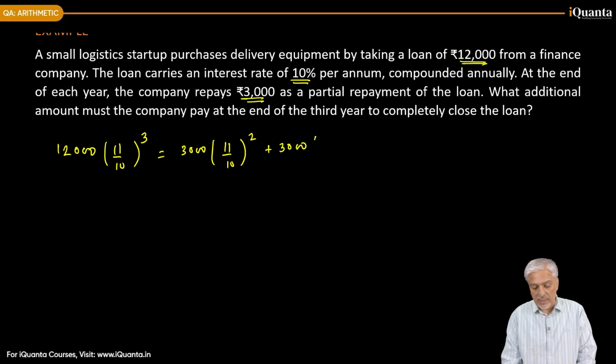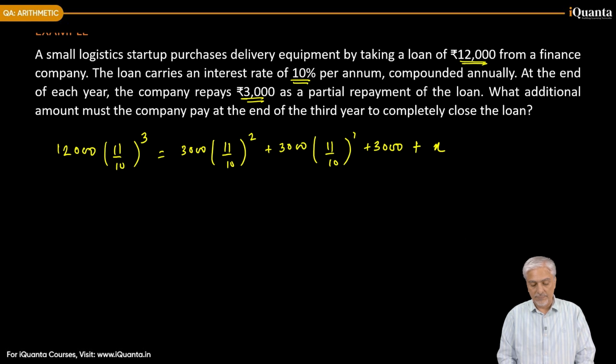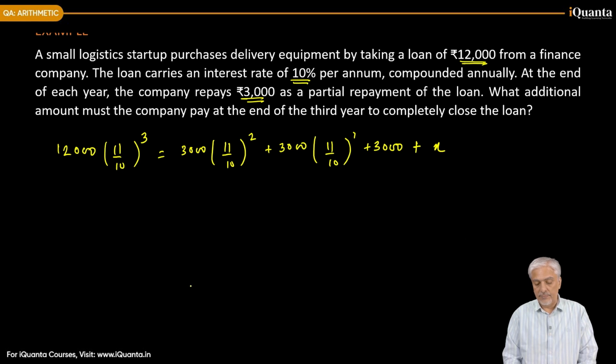Second 3,000, I will earn interest for 1 year. Last 3,000, I will not earn any interest and I'll still have to pay them some value so that my loan closes. Great. Let's calculate how we will do this. This will be 12,000 into 1331 upon 1,000. So 3 zeros will cut out.